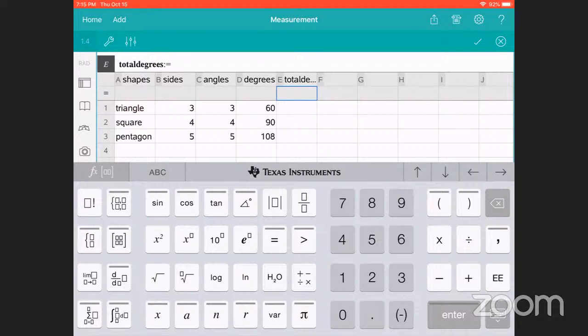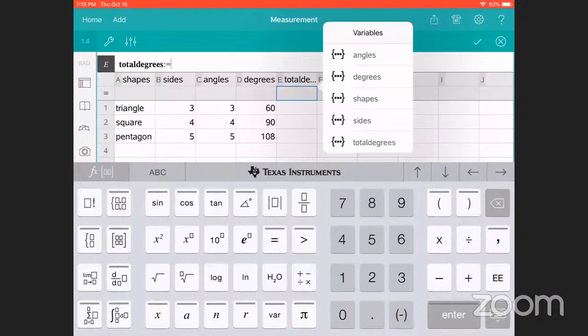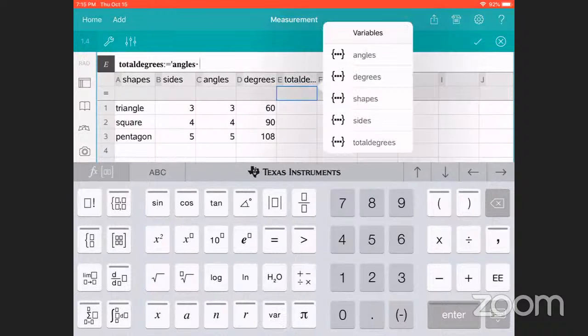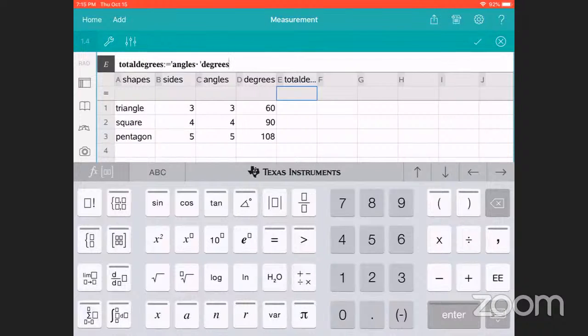Okay, so we have our equal sign, and now I want to multiply the number of angles by the degrees of each angle. So I'm going to click on VAR for variable, and I'm going to choose angles, and then I'm going to choose times VAR degrees, and I'm going to hit enter, and that'll list how many total degrees are in each one of these polygons, regular polygons, or polygons in general.